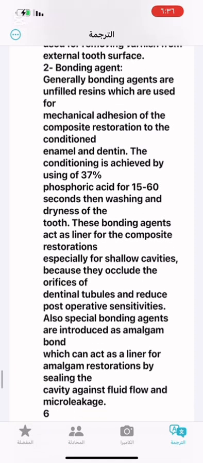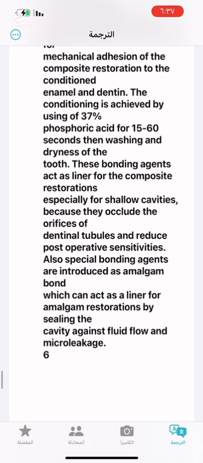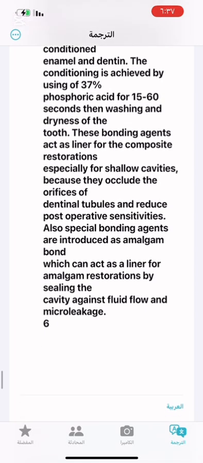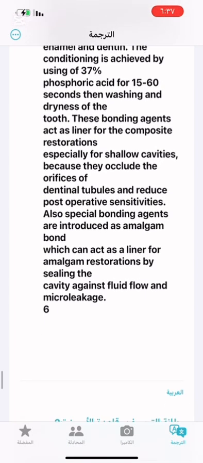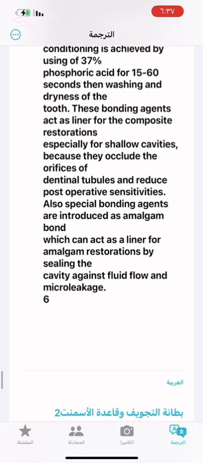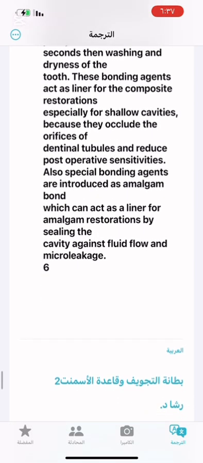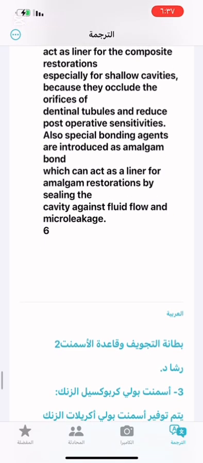Most varnishes are supplied with a separate bottle of a pure solvent. The solvent is used to keep the varnish from becoming too thick, and also for removing varnish from external tooth surfaces.